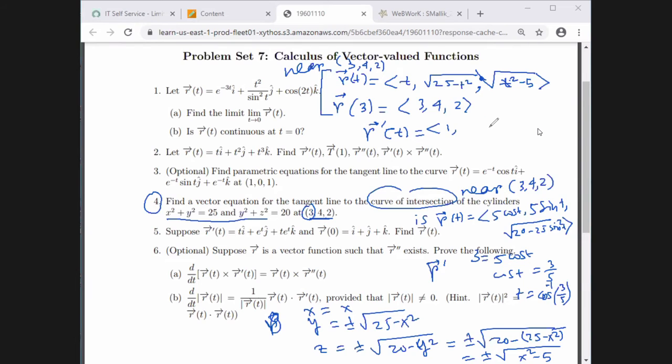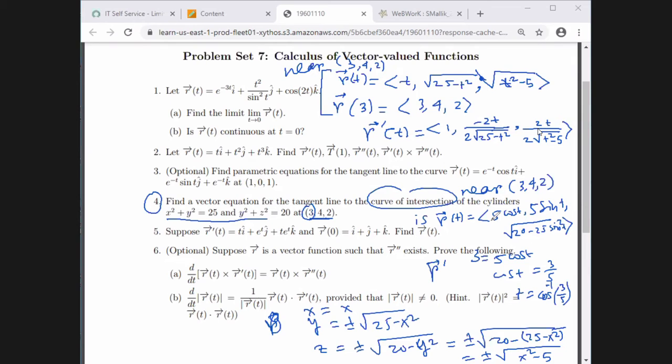1, and you take the derivative of that. You have to do the chain rule, right? So 1 over 2 square root of 25 minus t squared times negative 2t. Similarly 1 over 2 square root of t squared minus 5 times 2t.